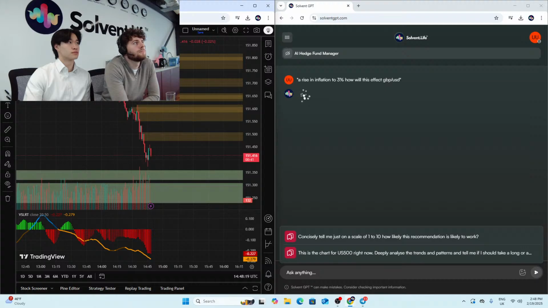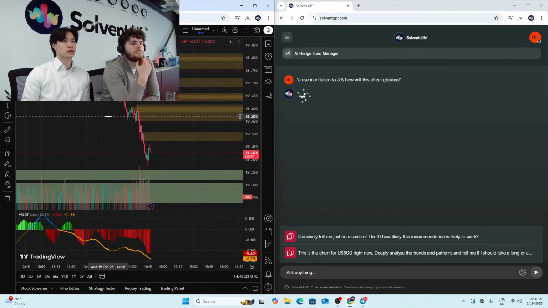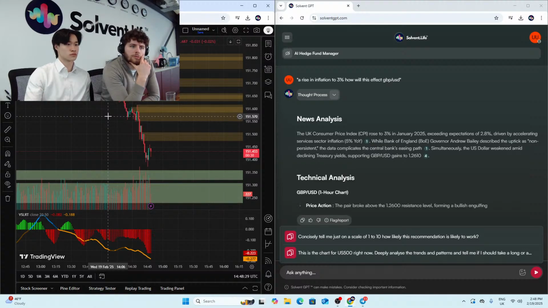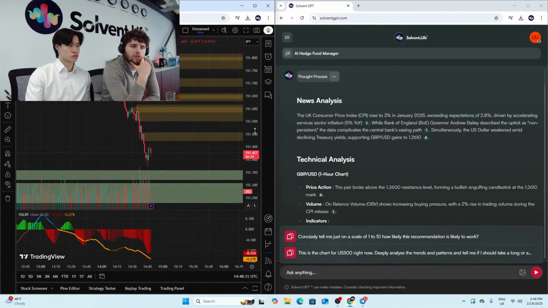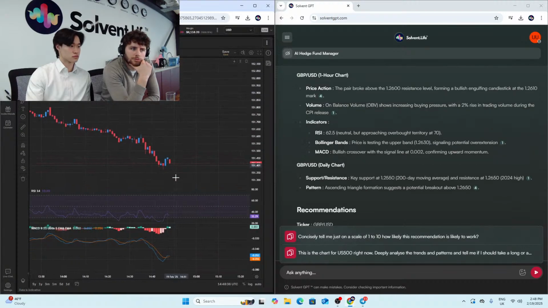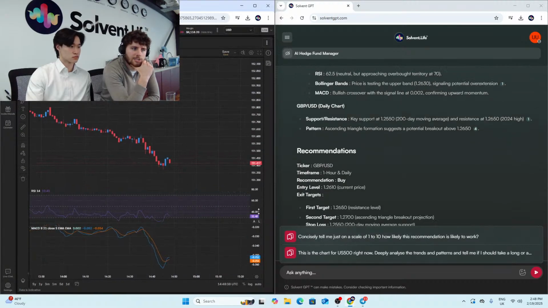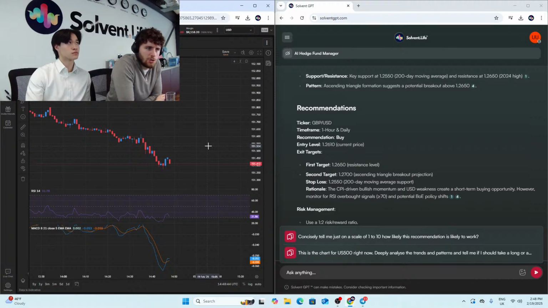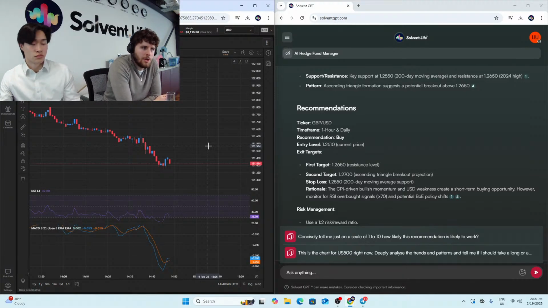Fantastic. So we will see. Exceeding expectations of 2.8%. We've got some technical analysis. We've got a recommended trade here, pound to dollar. So we've been recommended to buy at an entry point of 1.26.